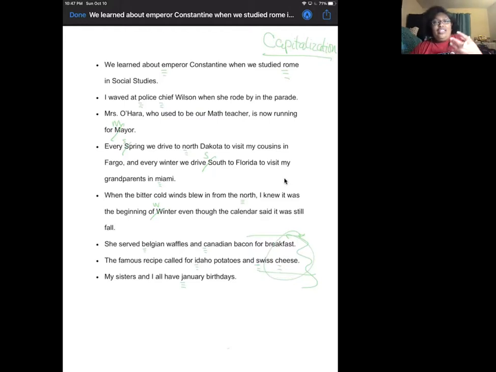In other ways, for example, titles and names of cities and cardinal directions and all these other wonderful rules, it's important that when you go through and you edit and you choose to capitalize or not capitalize something, that you understand what rule it is, because sometimes you just can't go by feeling. So do that with the rest of the things that you're doing, right?